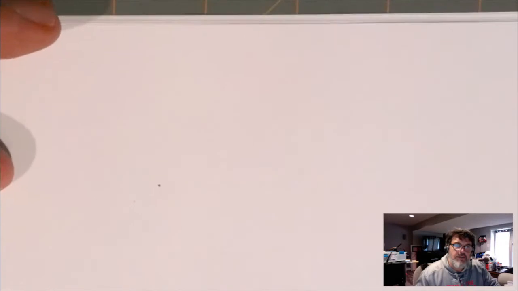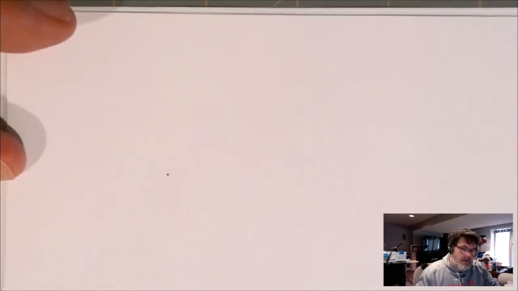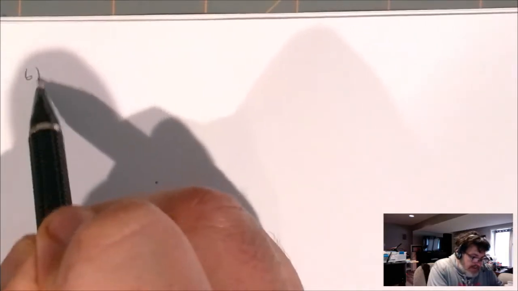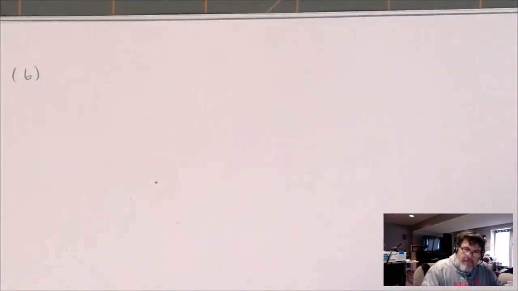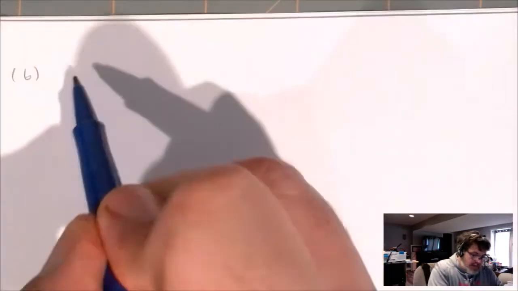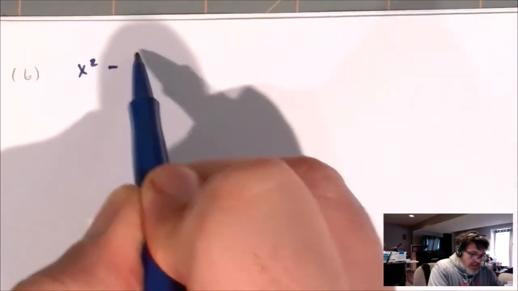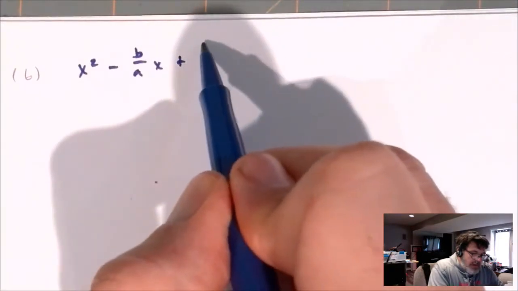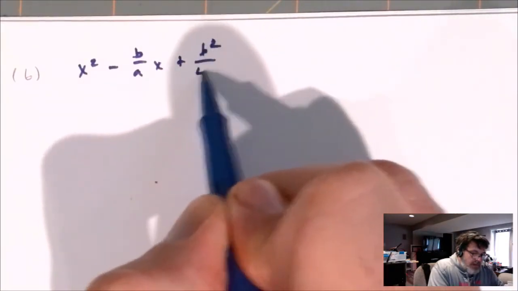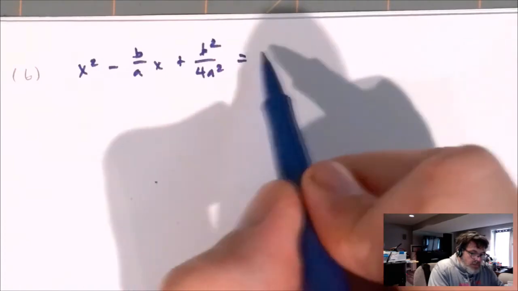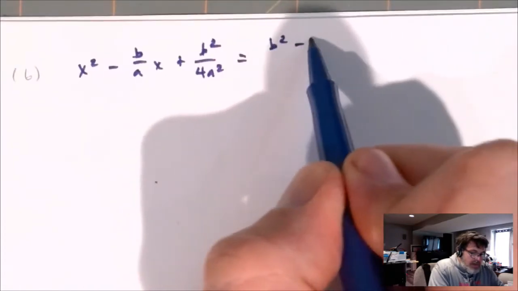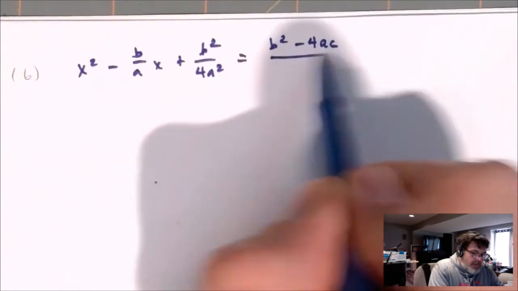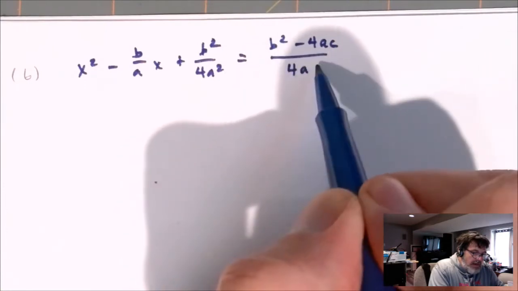Okay, there's a fresh sheet of white paper. And there I have the corner, so I have the world is mine. So line 6 is x squared plus b over a x plus b squared over 4a squared equals b squared minus 4ac over 4a squared.